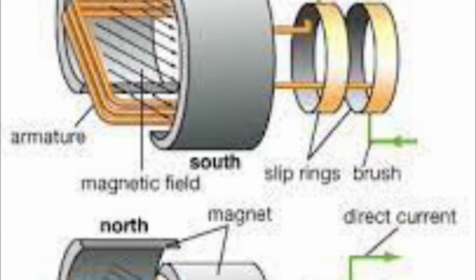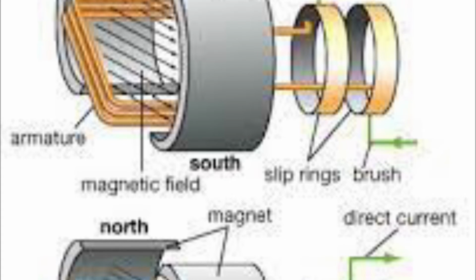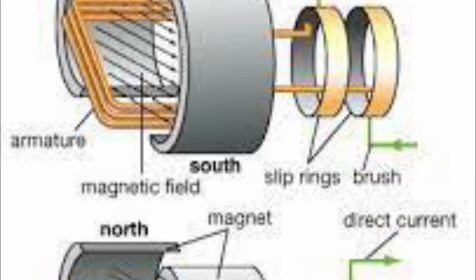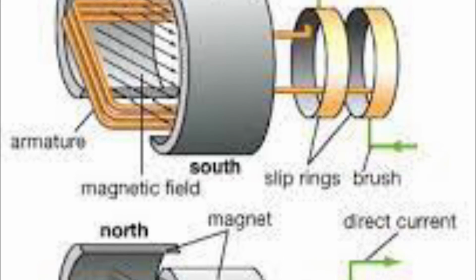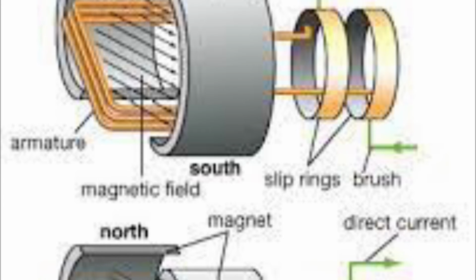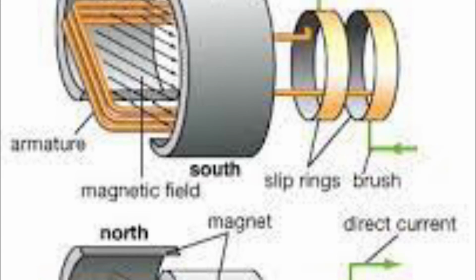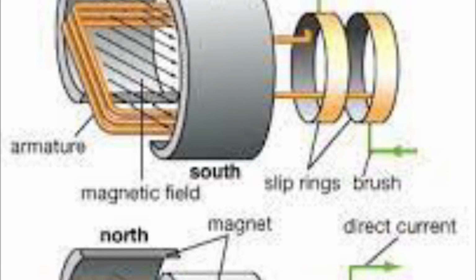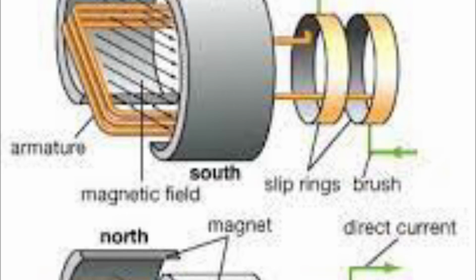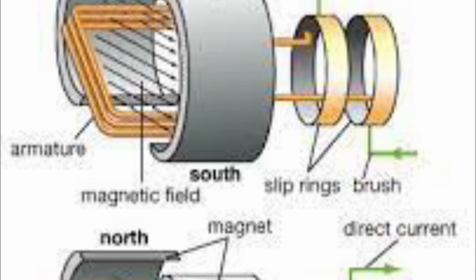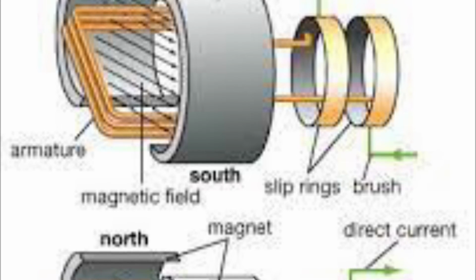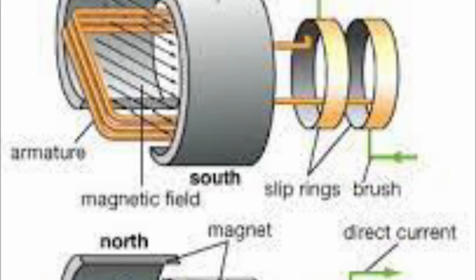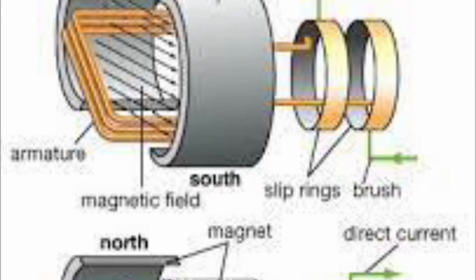There are two types of commutator. They are AC type, which is alternating current, because when the direction of electric current reverse, the electric current that flow to the bulb will reverse too, so that it will continuously reverse as it go on.